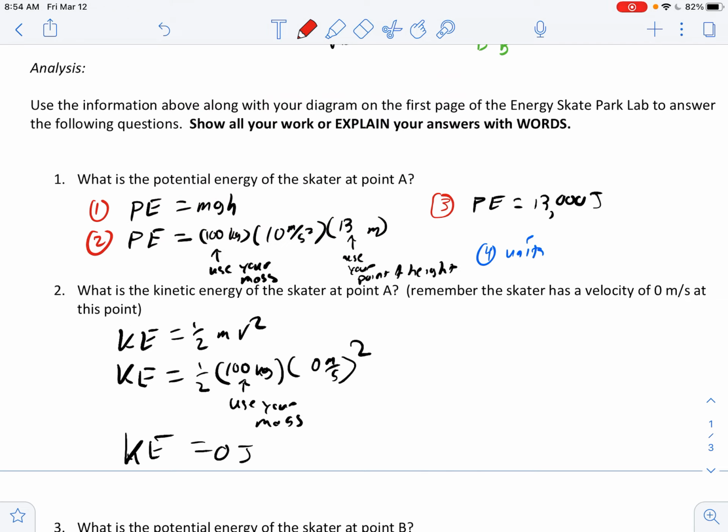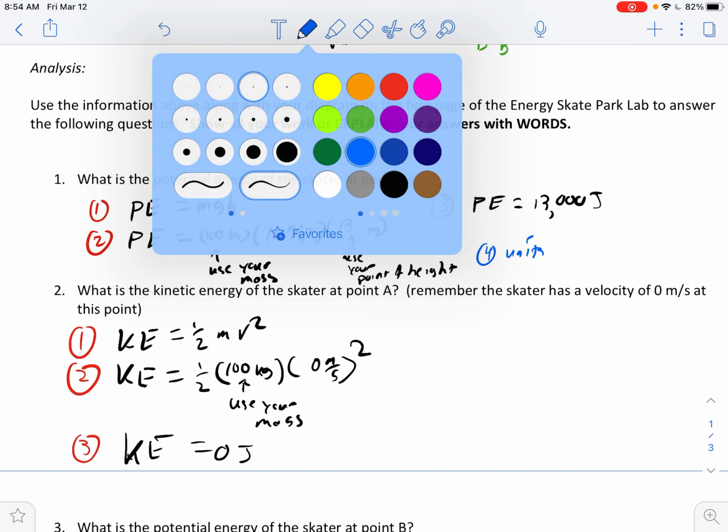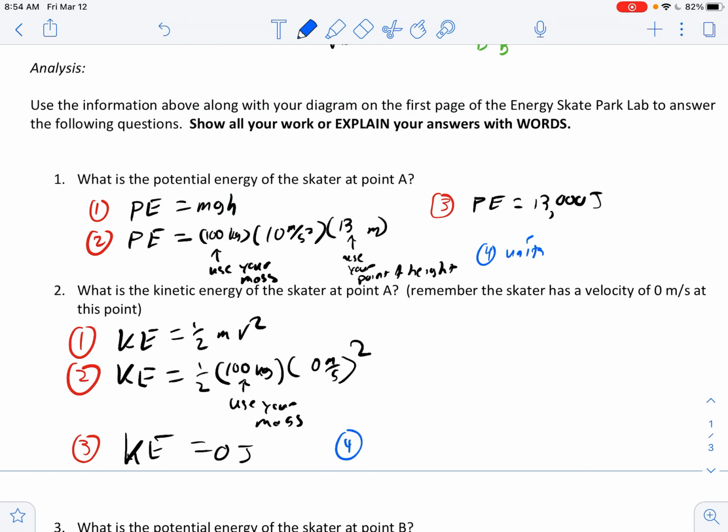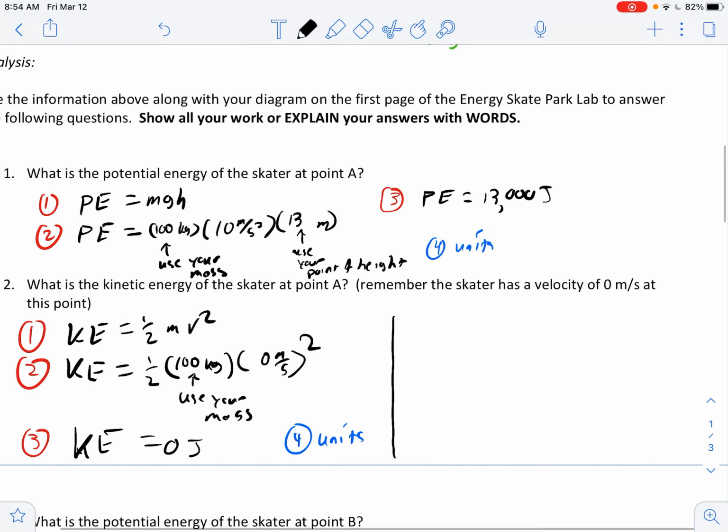Okay, so just like before, there'd be points for equation, for putting in your numbers, for getting to your answer, and then, of course, for having units. Now you could also make an argument with words as opposed to equations in mathematics.